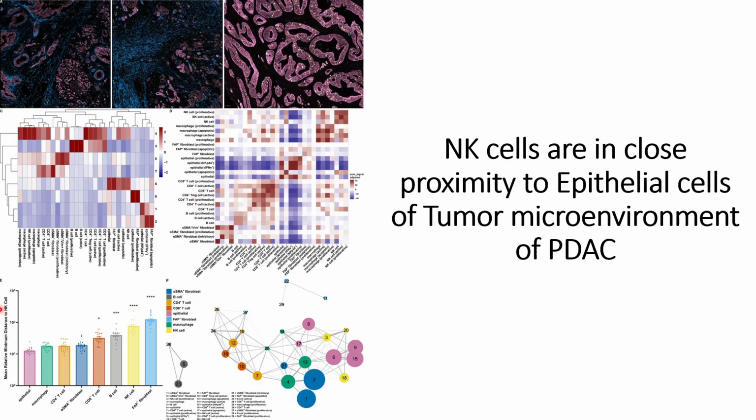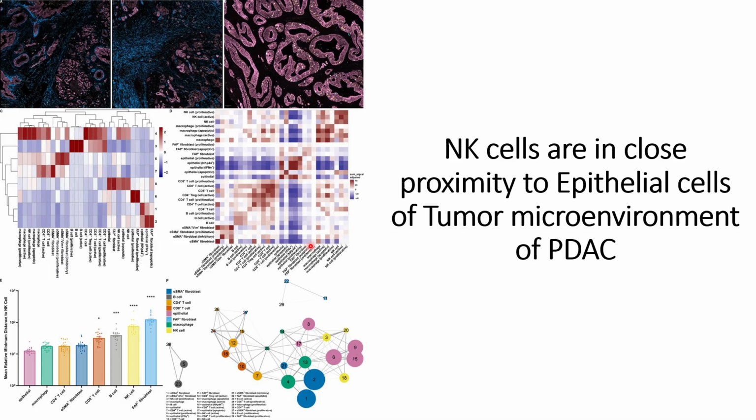But these NK cells seem to be closely found in terms of the epithelial cells, and they also did network analysis, and there they were able to see that the NK cells are closely surrounded by the fibroblast, which is SMA positive fibroblast.